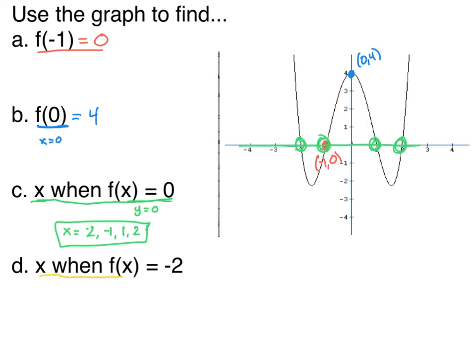On part D here, find x when f of x is negative 2. So where is it at negative 2? Well, let's just pretend that my graph was perfect. I meant it to be right there. So I want that point and that point. There's a coordinate of something, comma, negative 2, and over here is a coordinate of some number, comma, negative 2.